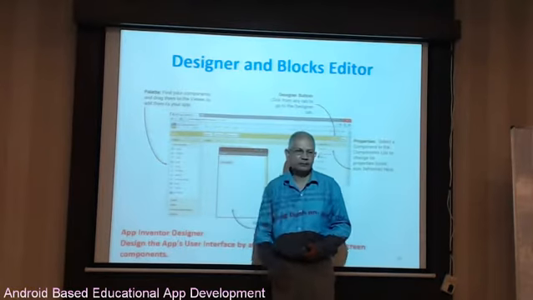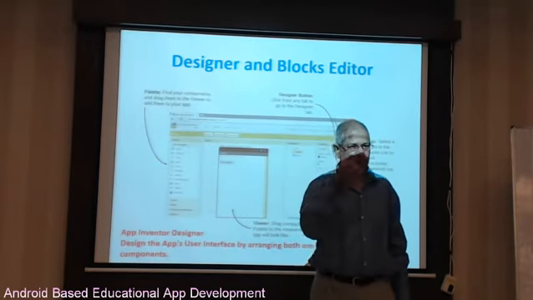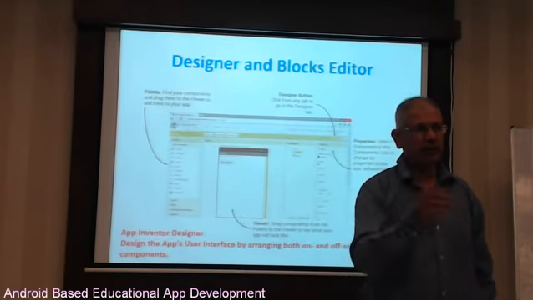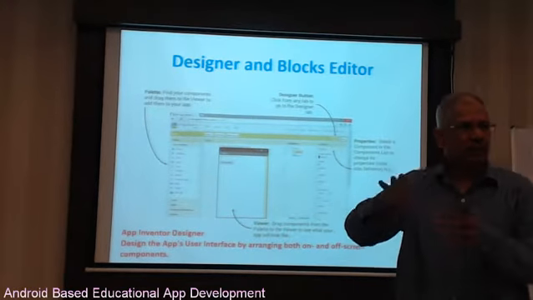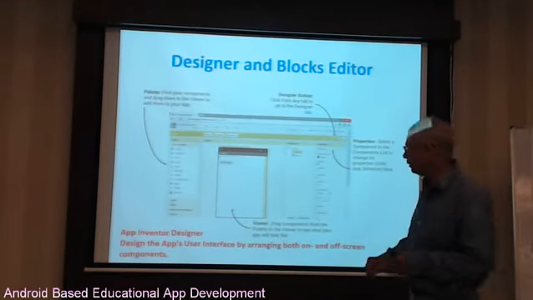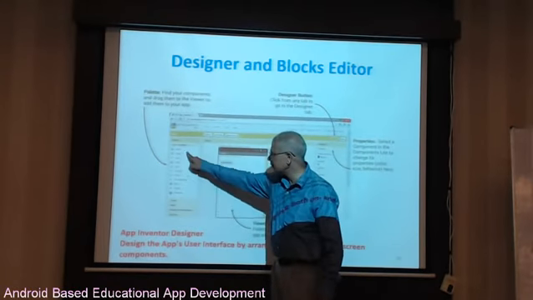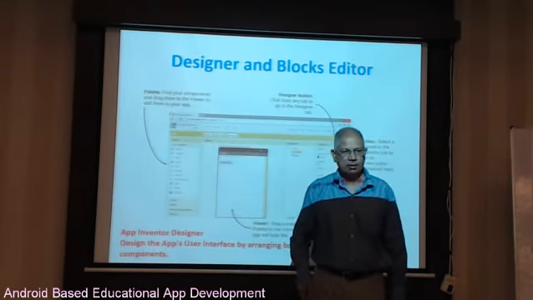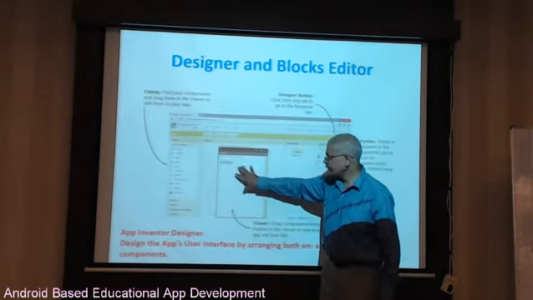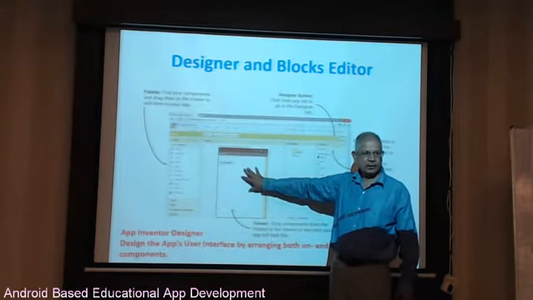Then media, you want to insert some image, an audio file, a video file, what kind of media needs to be inserted. You can keep on clicking on this and then you can see the items in that palette which are available. From here it comes to this place, the viewer place.